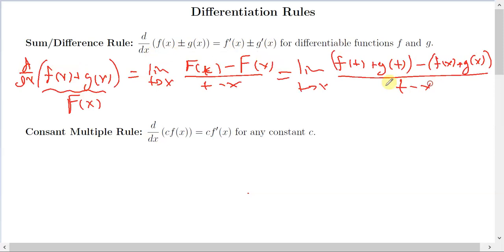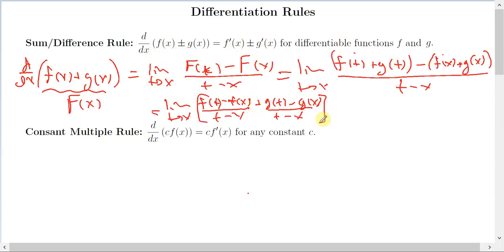And then what I can do is take the limit as t goes to x. I can take the f of t minus f of x, and I can take the g of t minus g of x, all over t minus x, but as long as I keep a common denominator, I can split that up.